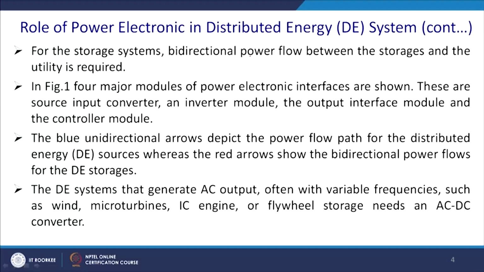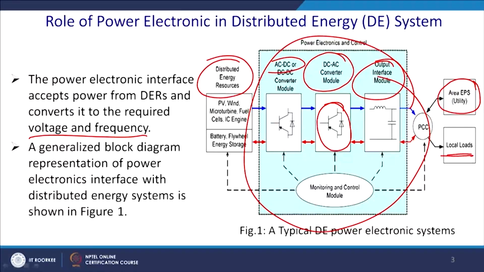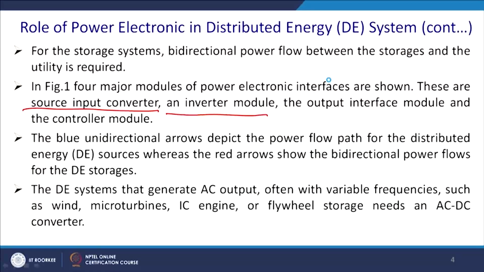From figure 1, 4 major modules of the power electronics interface are shown. These are the source input converter, an inverter module, the output interface module, and the controller module. The blue unidirectional arrow, you can refer to this one, depicts the power flow path in distributed energy sources, whereas the red arrow shows the bidirectional power flow path with the DE storage.